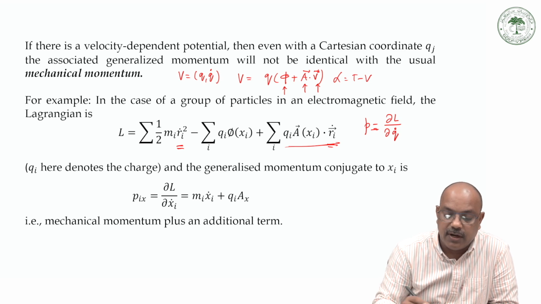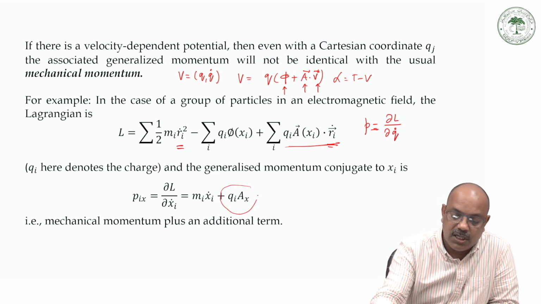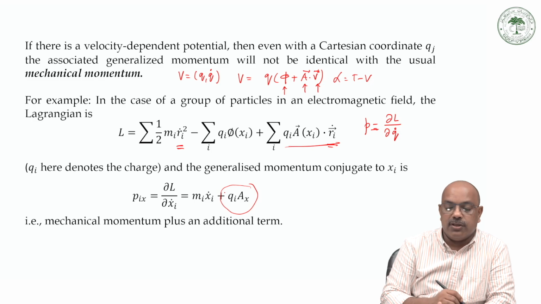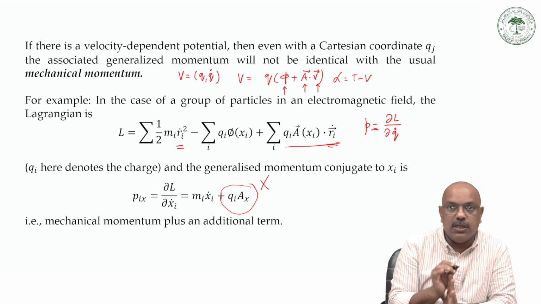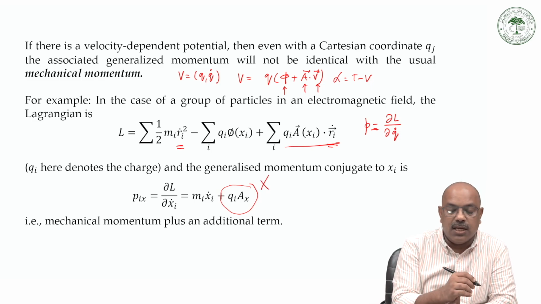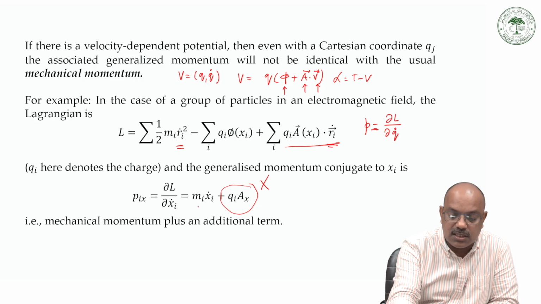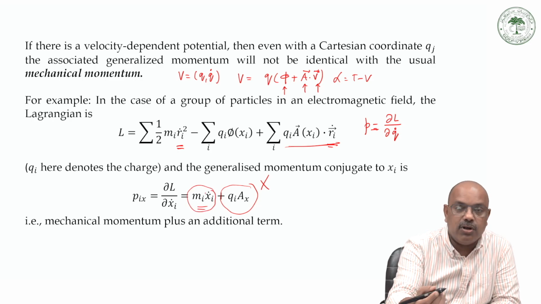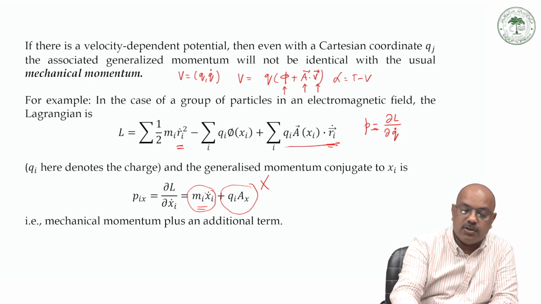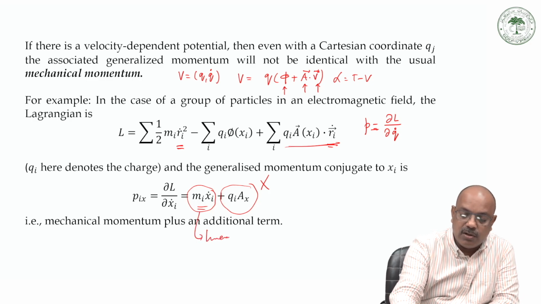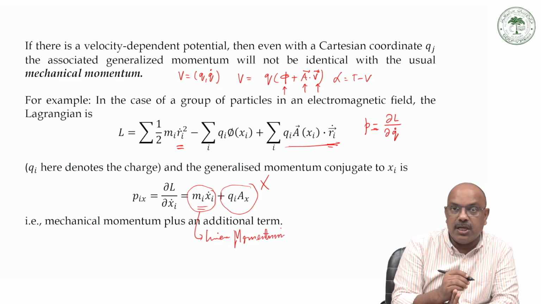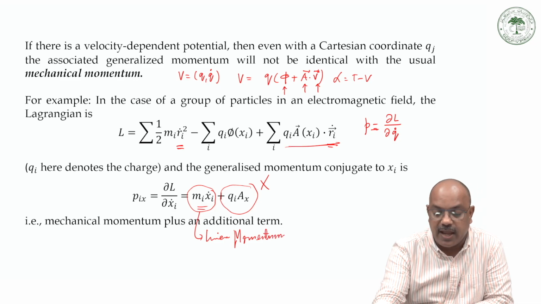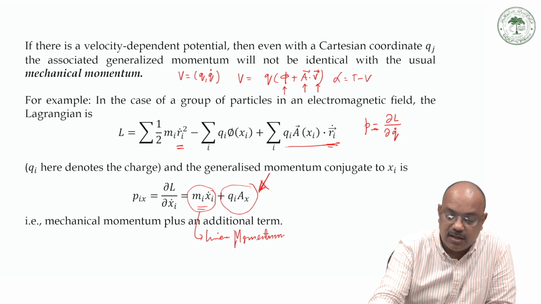Normally, if the potential is not dependent upon the velocity, then these kinds of terms are not going to appear, as we have seen. Only mass times velocity is going to be there, which is the linear momentum.